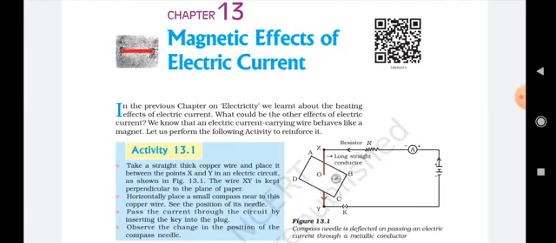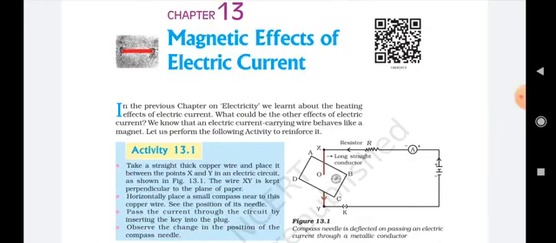With the help of the electric current, we are able to produce a magnetic field, and with a continuous change in the magnetic field, we are able to produce electric current. That is why the name of the chapter is the magnetic effect of electric current. It means that when an electric current passes, it produces a magnetic field around it.